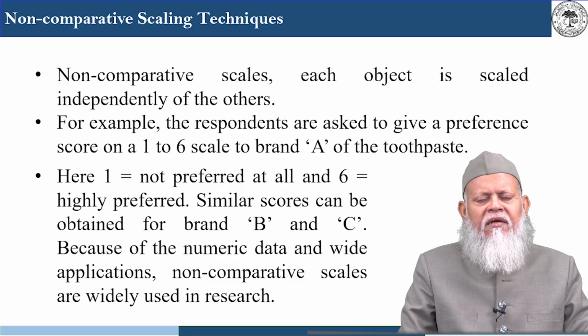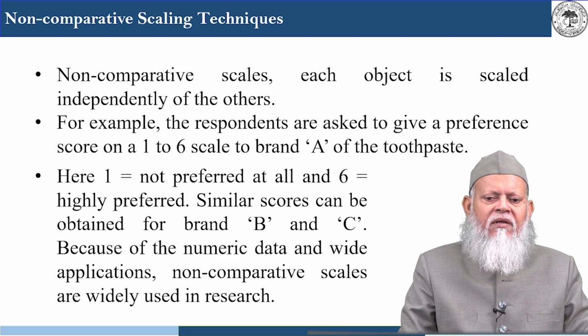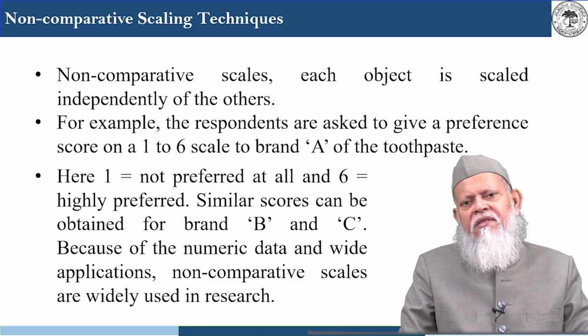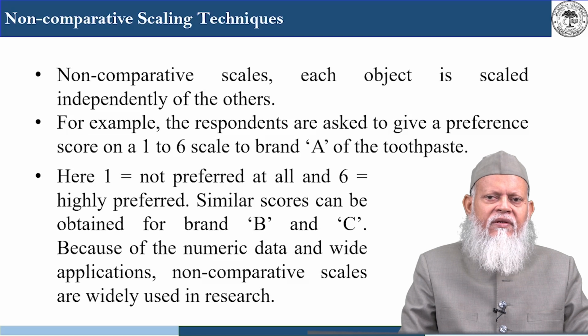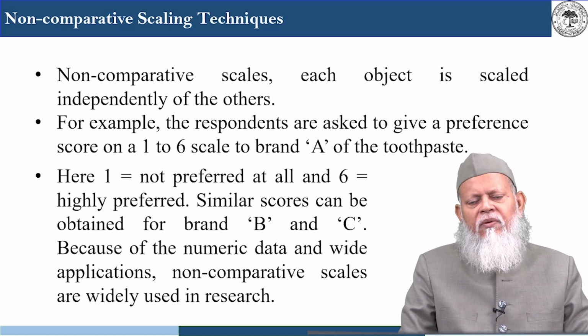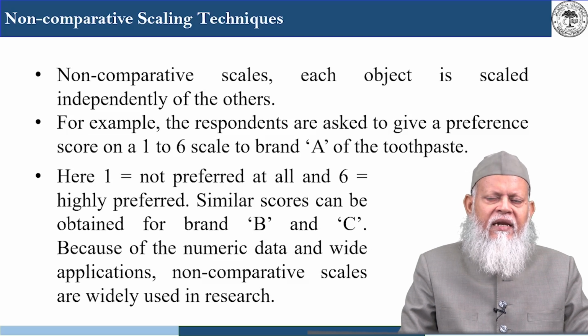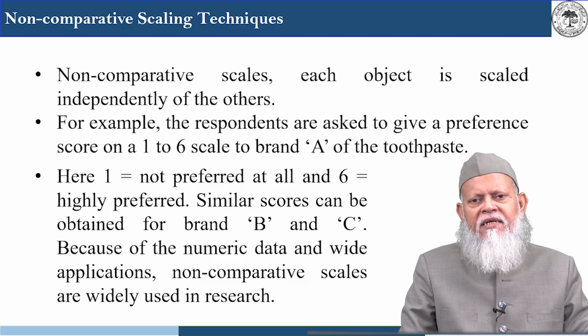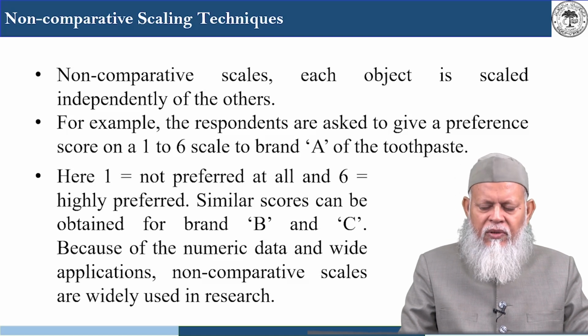So here the scale is 1 to 6, 1 is not preferred at all and 6 is highly preferred, and in between you have 2, 3, 4, 5, and everything is given to the respondent, and then he gives his opinion and ranks his choice on a separate non-comparative scale, that is, separately for each of the stimuli.